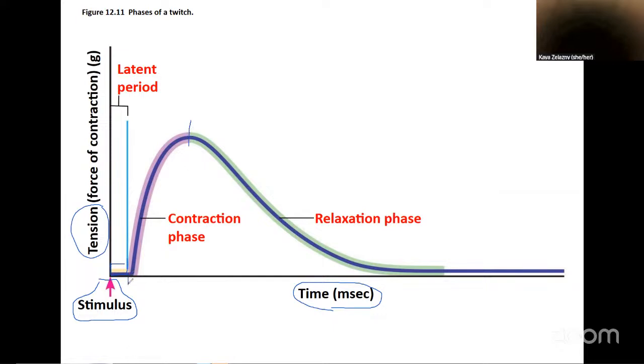This is variable in how long it takes, but relatively short compared to our relaxation phase, which we see spreading out to the end of this twitch. So it's taking us longer to relax as we try to soak up all that calcium that we released.